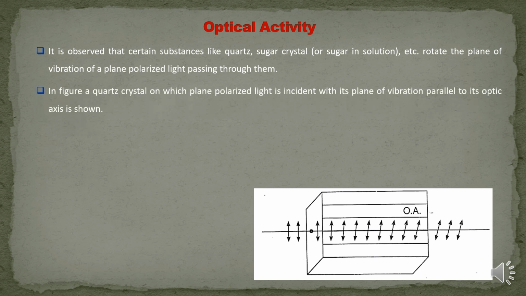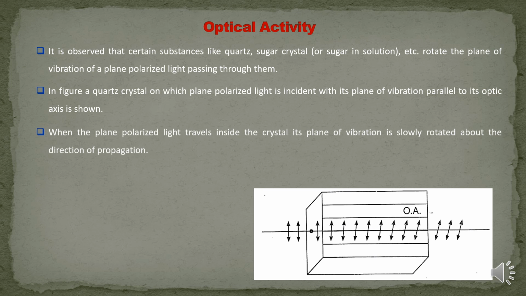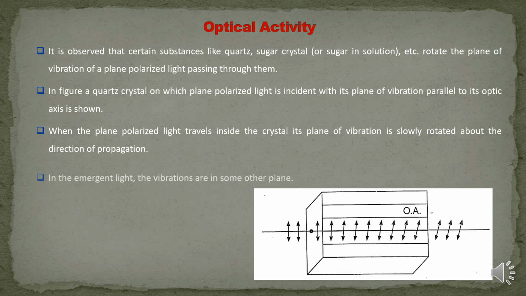In the figure, a quartz crystal on which plane polarized light is incident with its plane of vibration parallel to its optic axis is shown. When the plane polarized light travels inside the crystal, its plane of vibration is slowly rotated about the direction of propagation. In the emergent light, the vibrations are in some other plane.